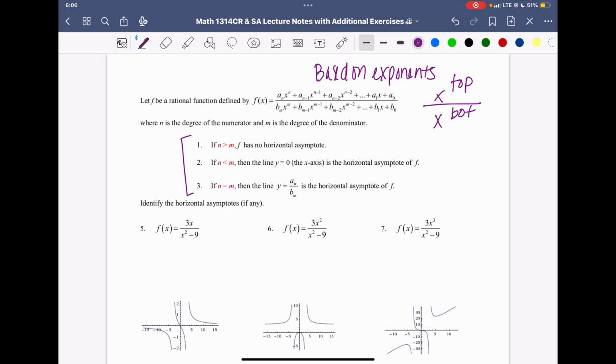These are the cases: case 1, case 2, case 3. This is the n and this is the m. If the top is greater than the bottom, then there's no HA. HA is your horizontal asymptote.